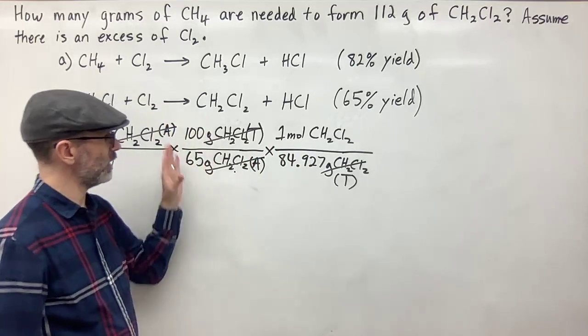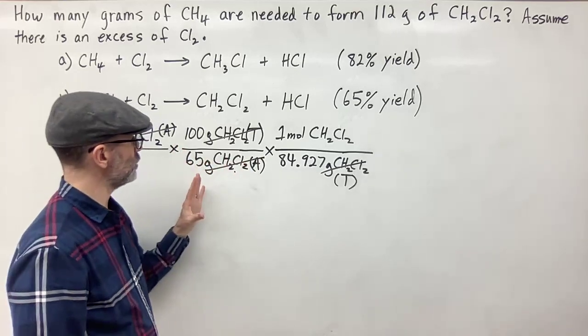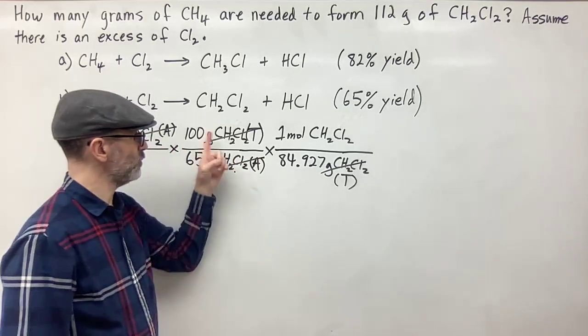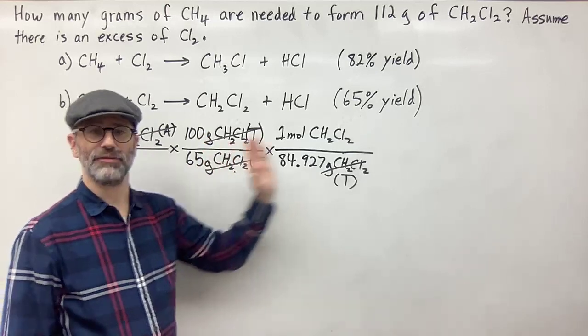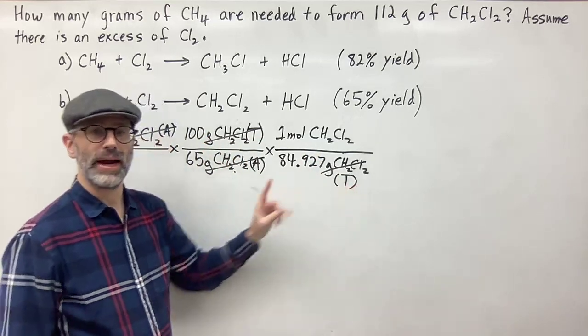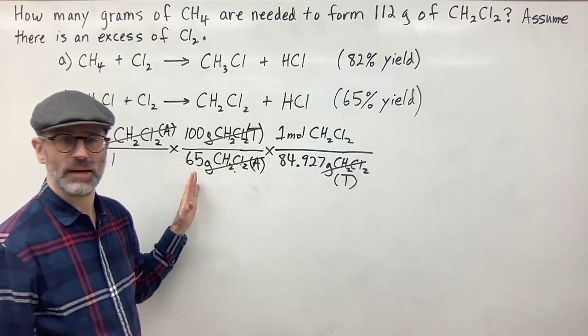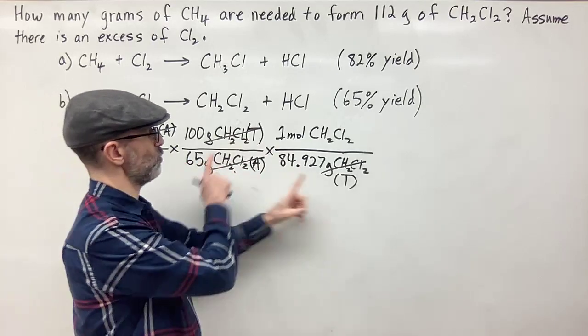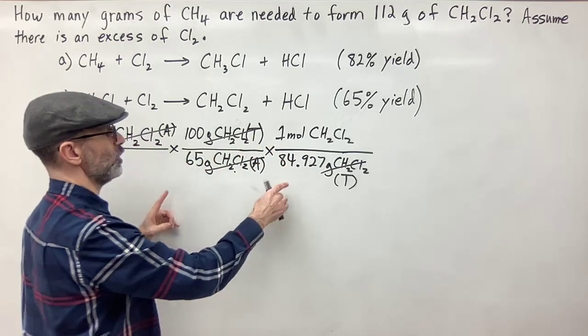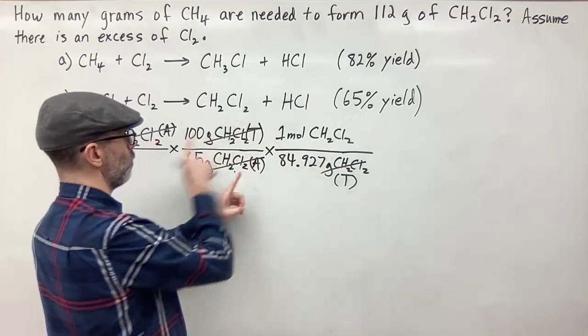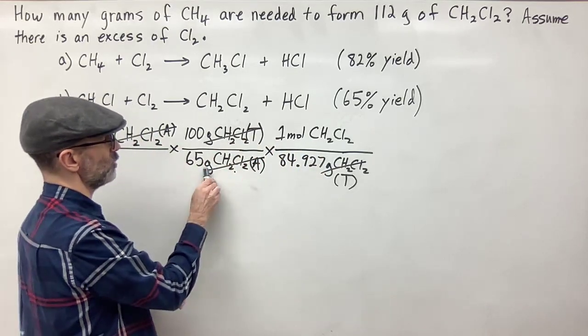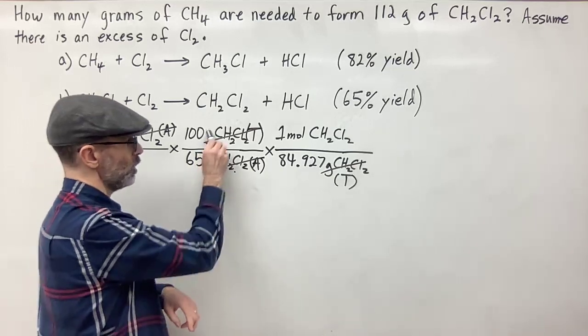Now, just to mention something really quick, I could have done the percentage after the moles too, right? The percentage applies to moles as it does grams. So if I would have switched these around, I could have put grams to moles here, and then instead of grams, I could have done moles for the unit.